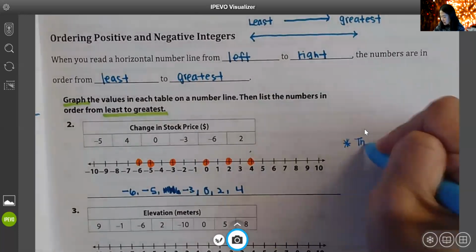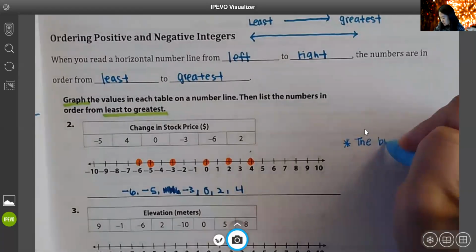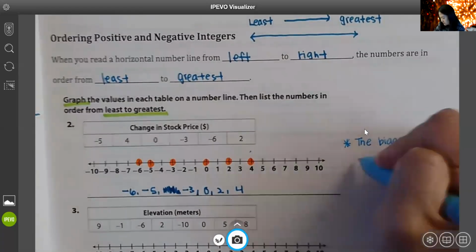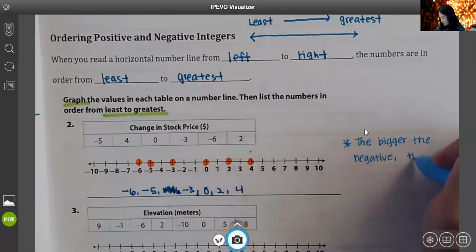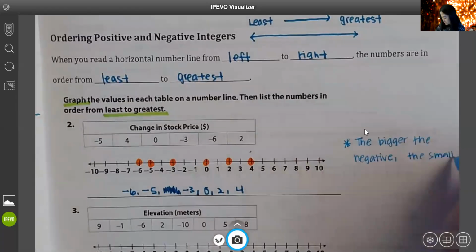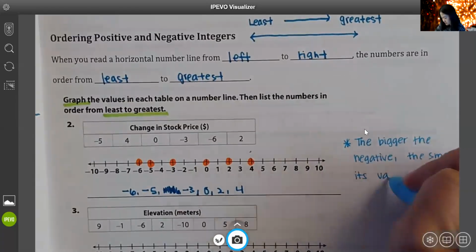The bigger the negative, the smaller its value.